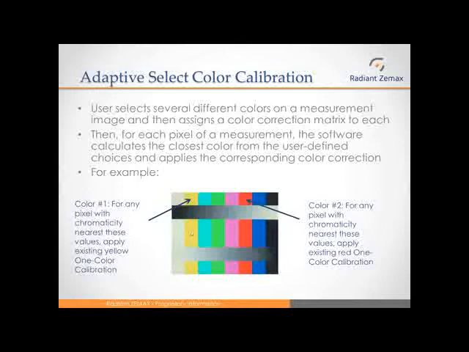The software will say these coordinates are very close to these ones up here, and for these ones up here we've been told to use a yellow calibration, so we will also use a yellow calibration down here. So it's kind of like the software has got smart. Same thing down here. It would come to this pixel and say the coordinates are very close to what we've defined up here. So the calibration that was chosen up here, we will also use down here. It does this for every pixel within the image and applies the corresponding color correction.